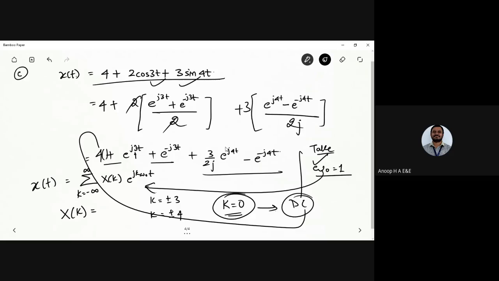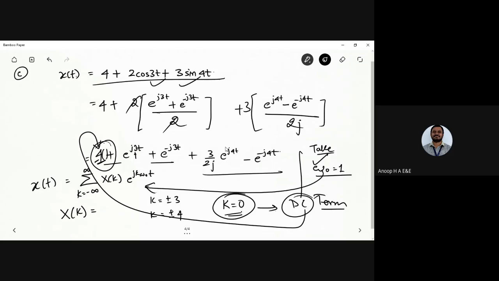So that matches with 4 here, isn't it? So the DC term of the complex Fourier coefficient x of 0 would be equal to the DC term associated here. So the value of x of 0, that is x of k when k is equal to 0, you are going to get the DC term, that is 4 here.